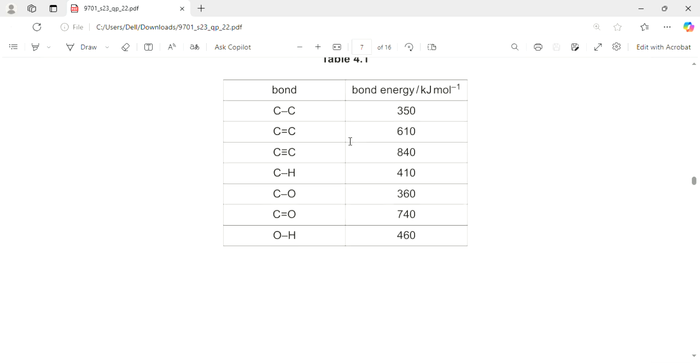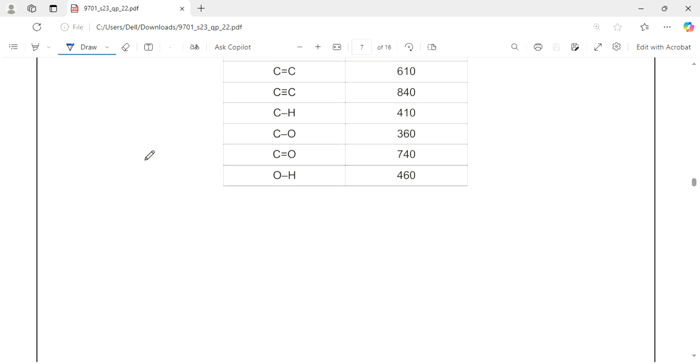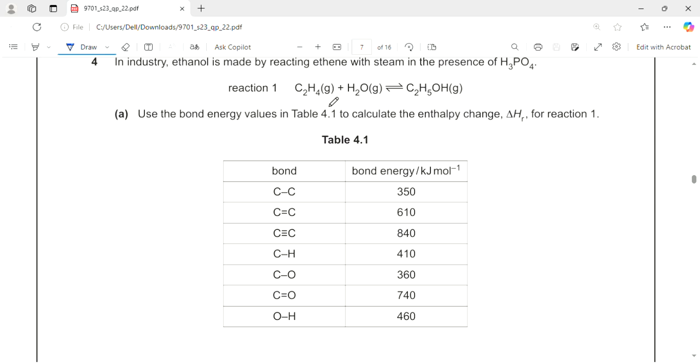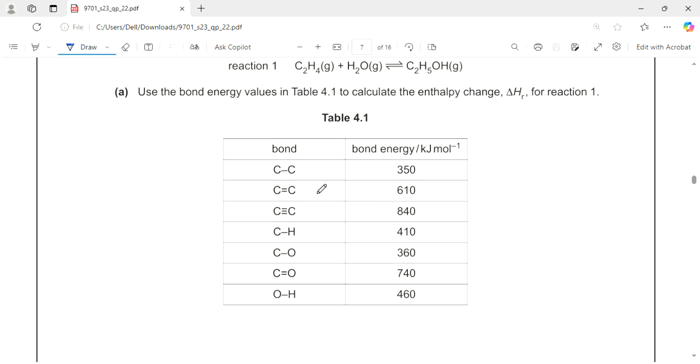So we can see that there is C2H4, H2O, and C2H5OH, those we have here in the table.